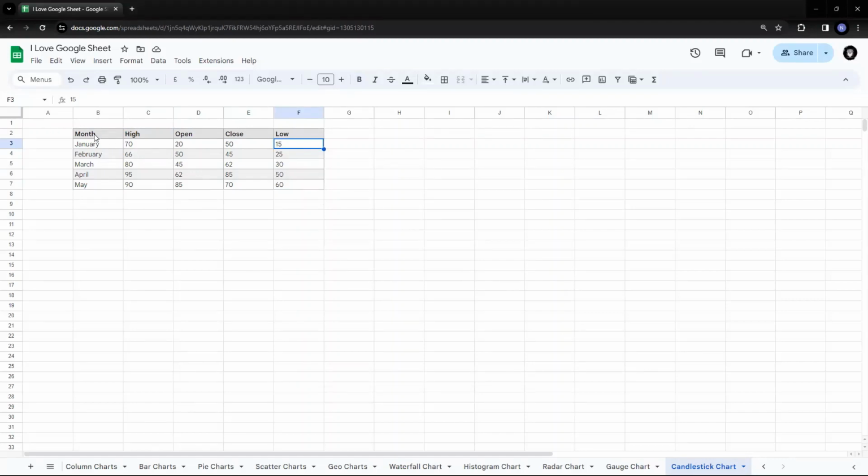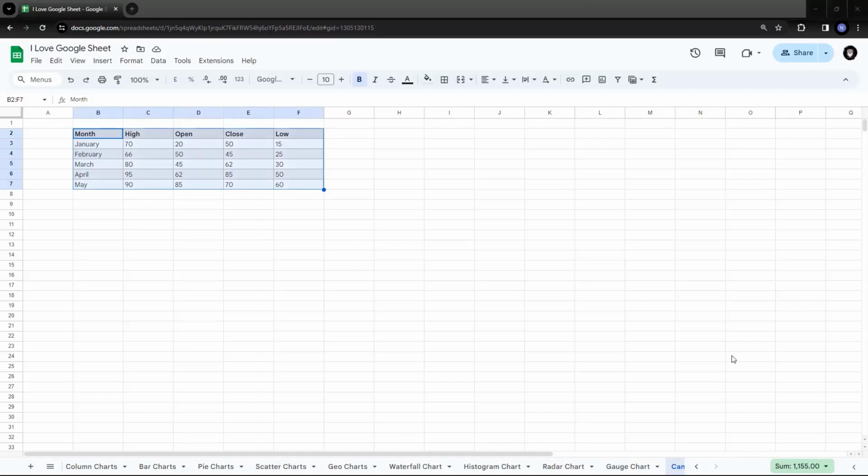So the candlestick chart is the best chart that you can use in order to interpret a particular data in a certain way. Why am I asking?